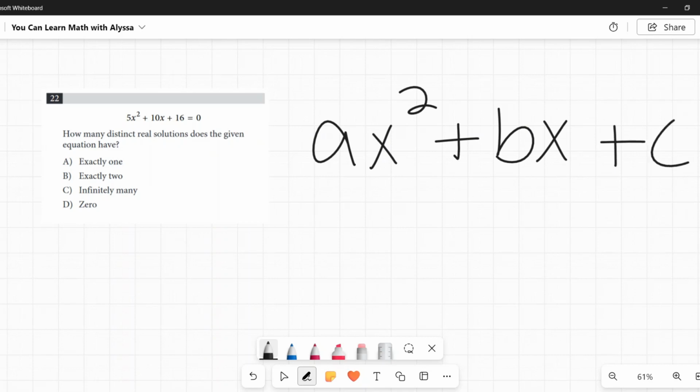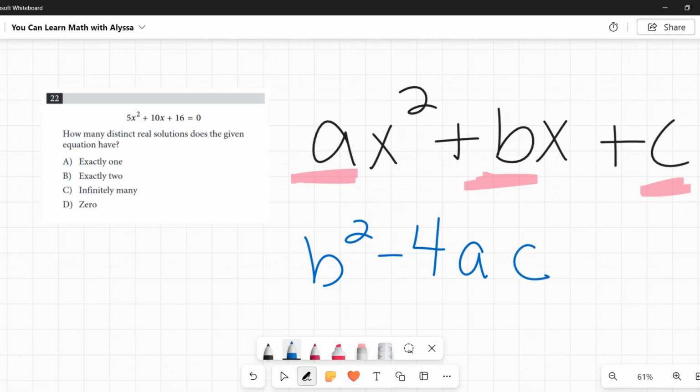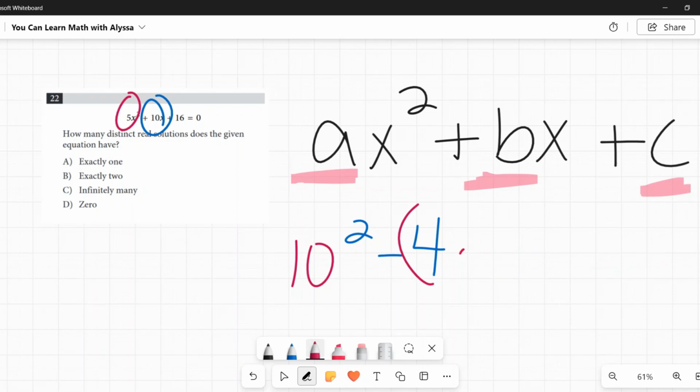The a is the number by the x squared, b is the number by the x, c is the number by itself. So b squared minus 4 times a times c. My b here is 10, so we're going to have 10 squared minus 4 times a times c. My a is 5 and my c is 16.